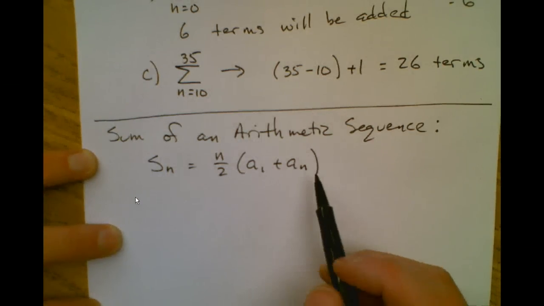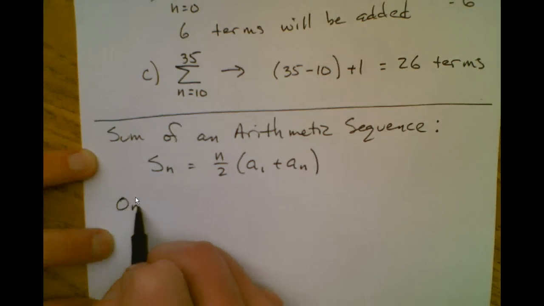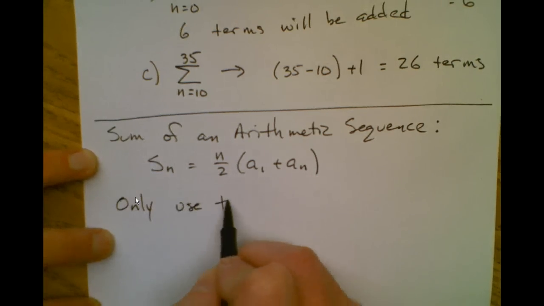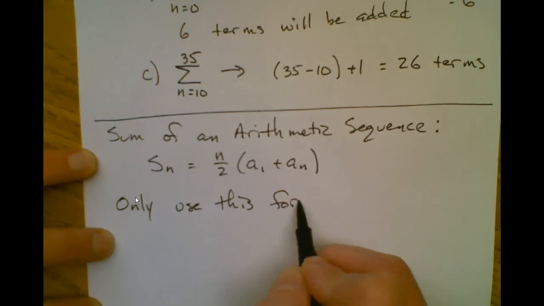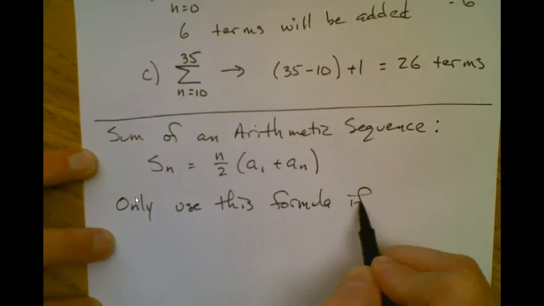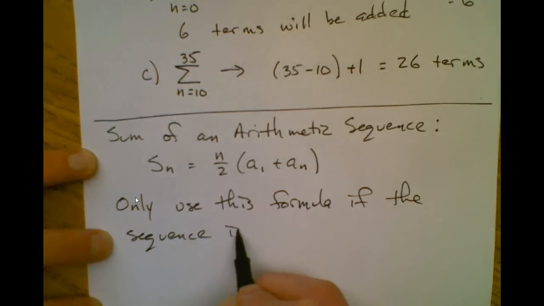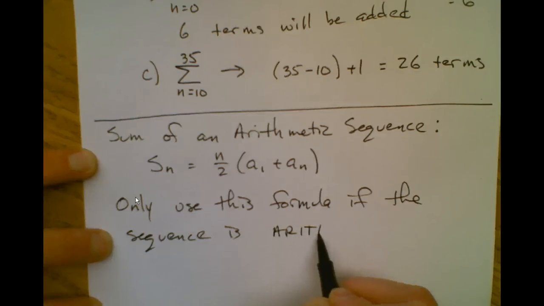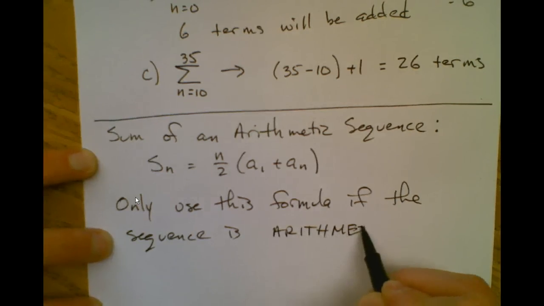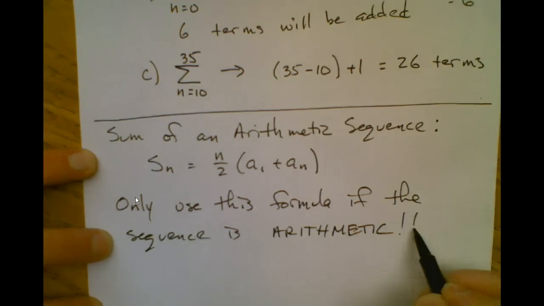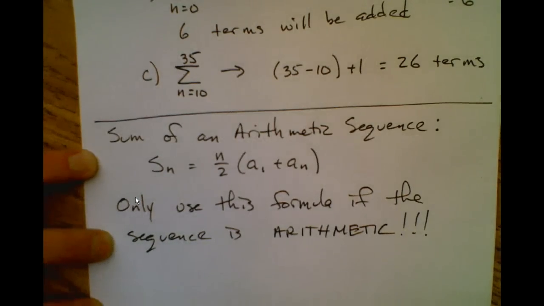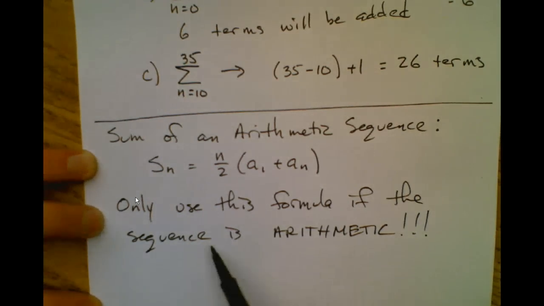So it's important that you can only use this formula if the sequence is arithmetic. Okay, if you try and use this on something that's not arithmetic, you're going to get the wrong answer. So how are you going to figure out if the sequence that you have is arithmetic?